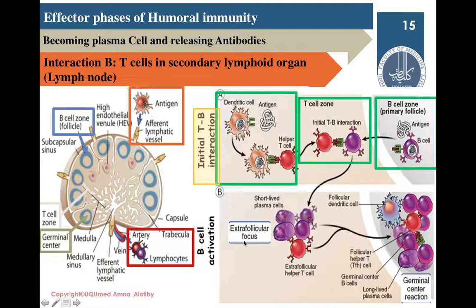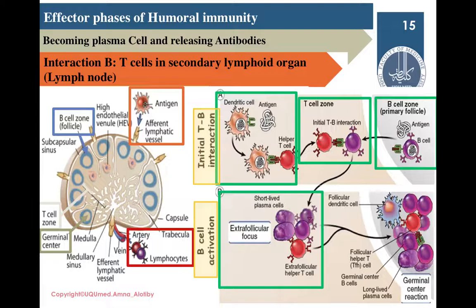In the extrafollicular focus, certain other steps will take place which will result in B cell activation. In the extrafollicular focus, these activated T cells are presented the antigen by the primed B cell, and through CD40 ligand, what will happen?